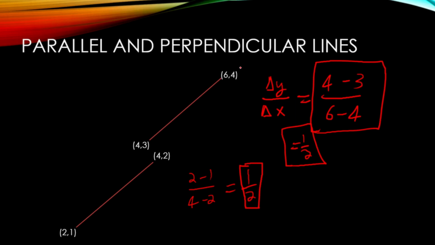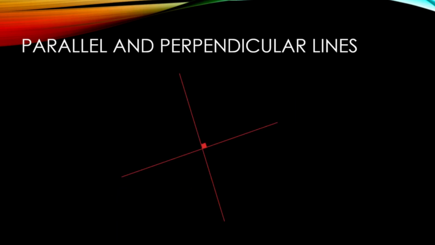Now let's move on to perpendicular lines. So for perpendicular lines, you should only know one thing, that m1 into m2 is equal to minus 1. This is what you need to know, and you can rephrase it like this, minus 1 over m.